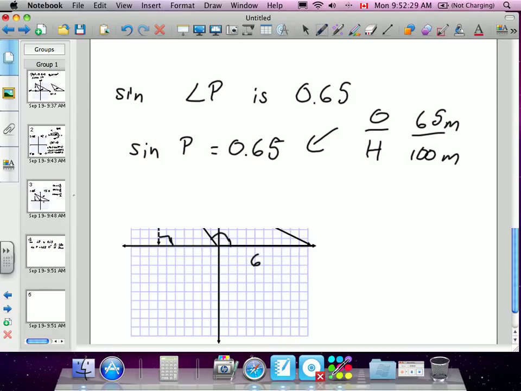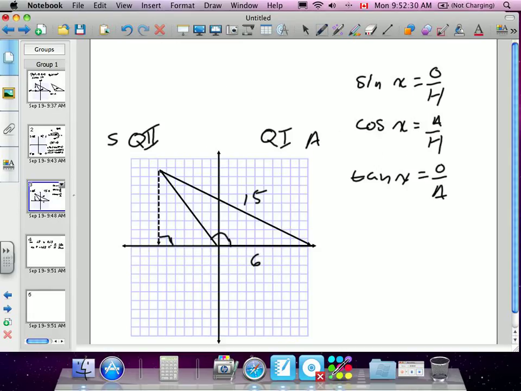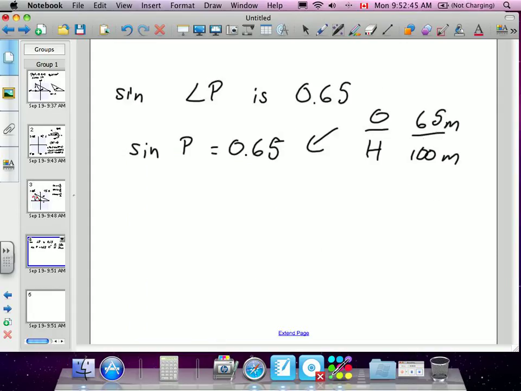So let's say we've already discovered that this was 65, this measurement was 100, and we're looking for this angle. Because it's that angle, we put our opposite over our hypotenuse. So when I've set that up, 65 divided by 100 gives me 0.65.